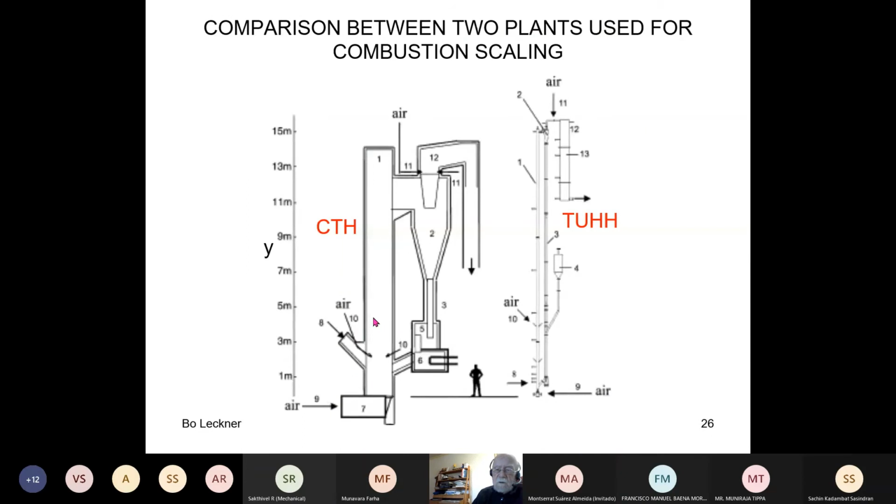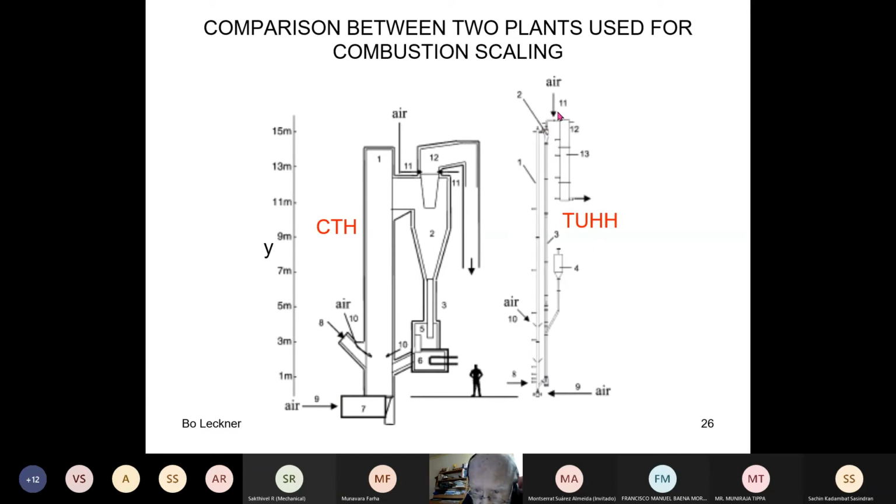I will show you a comparison that was made of two reactors. Now you recognize our reactor, and this was a typical laboratory scale reactor from the Technical University of Hamburg in Germany. It is a tube that goes up like this to a cyclone, which is very small, as you can see here, downcomer, and then a circulation loop like this.